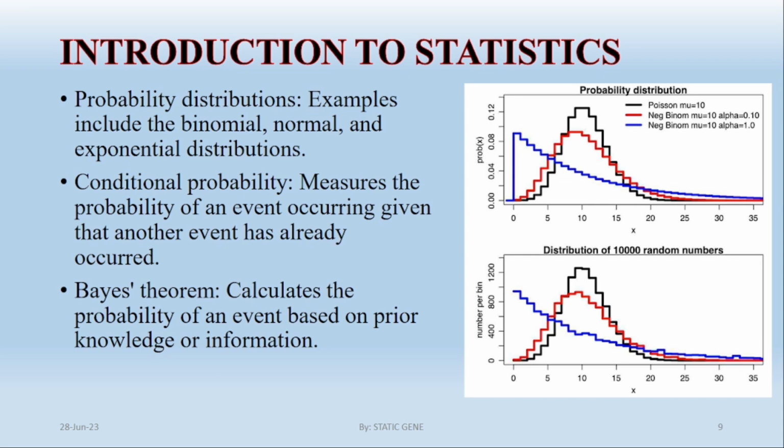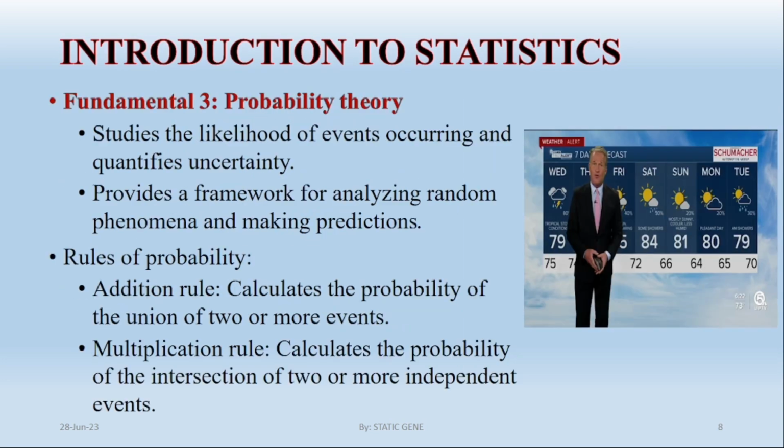Which diseases do they have? What is their standard of living for now? All those kinds of info. Based on information we know about them, we can then try to predict the probability that they will survive the next 10 years, for example. That would become one of the applications of Bayes' theorem. So that is generally all about probability theory as the third fundamental in statistics.